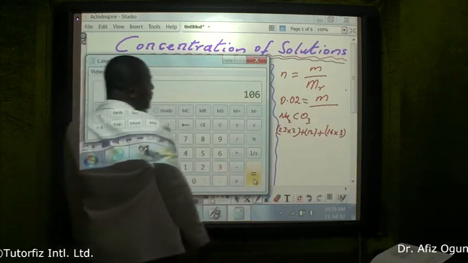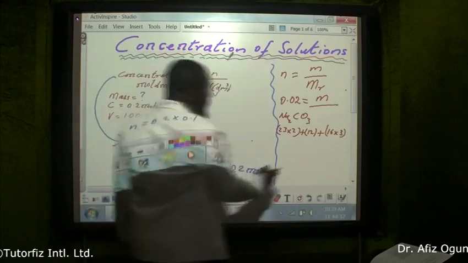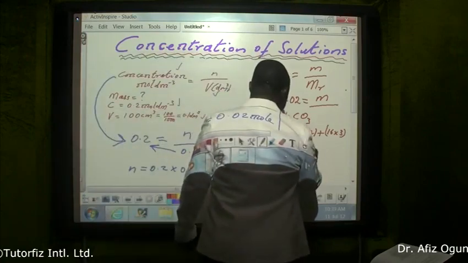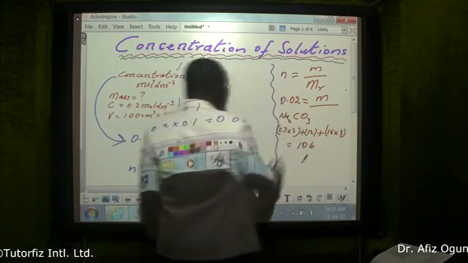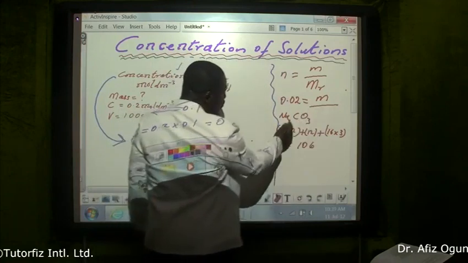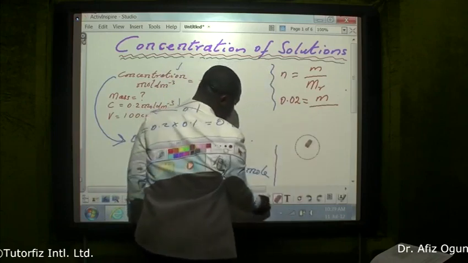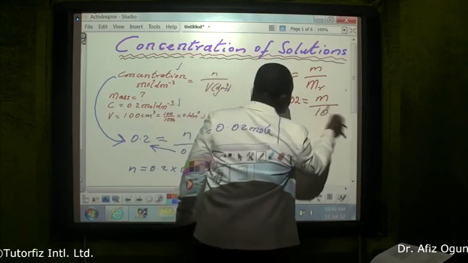Sodium carbonate is 106. So I place that one here. You can see how I calculated that, which you know easily. I put my 106 here.